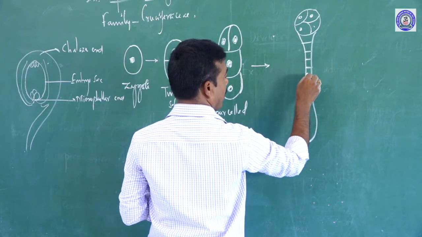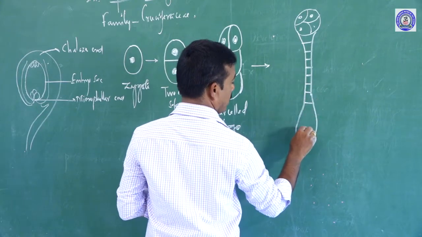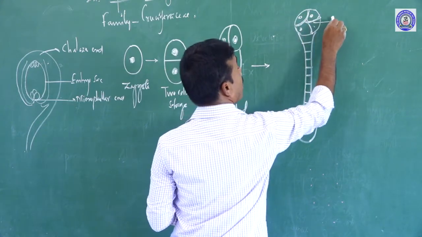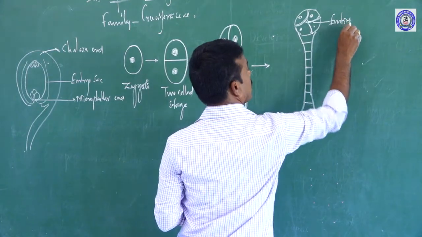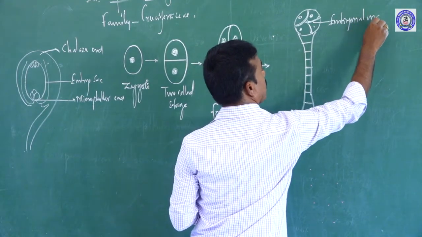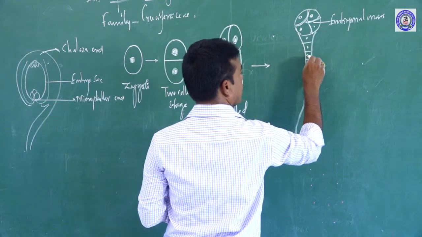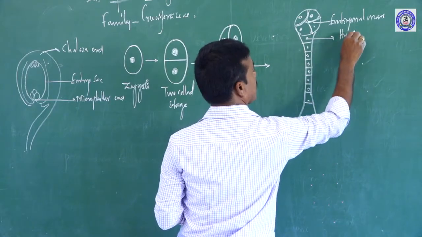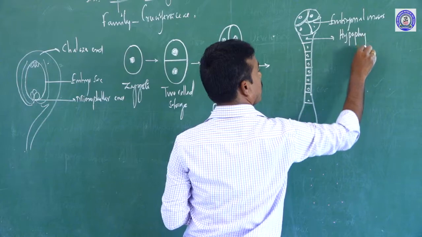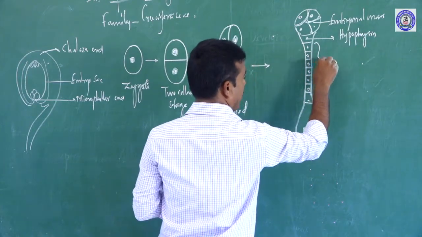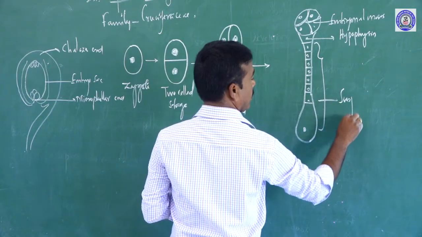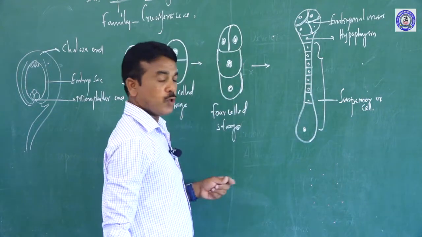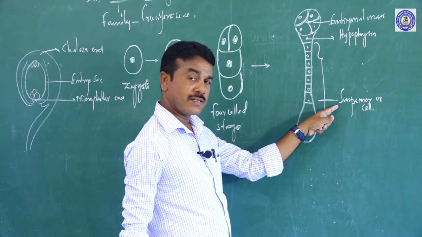This is commonly called the embryonal mass. This is the hypophysis. The remaining cells are commonly called the suspensor cells. What is the suspensor?